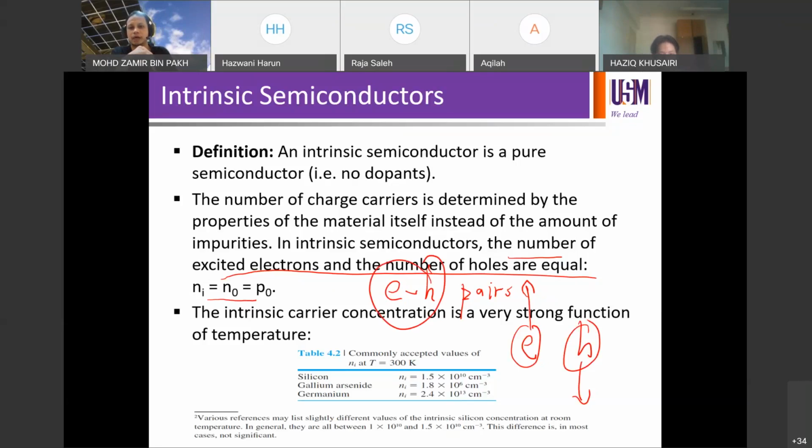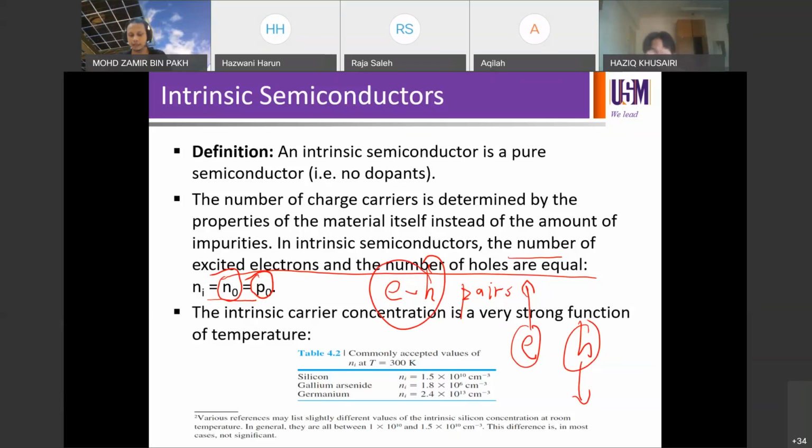So that's why n0, the density of electrons in intrinsic, or in thermal equilibrium, will always be equal to the density of holes at the same time. Because they come together, the origin is together. Then you break them so that you can do excitation. So you got one in the conduction band, and another one left in the valence band.